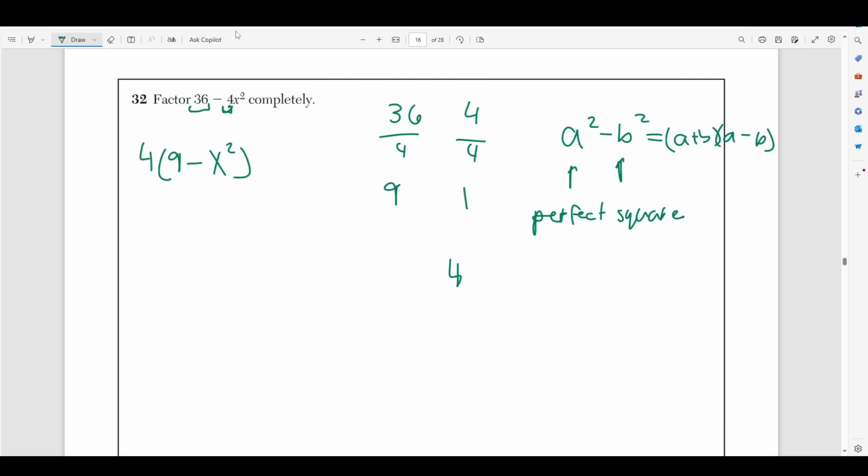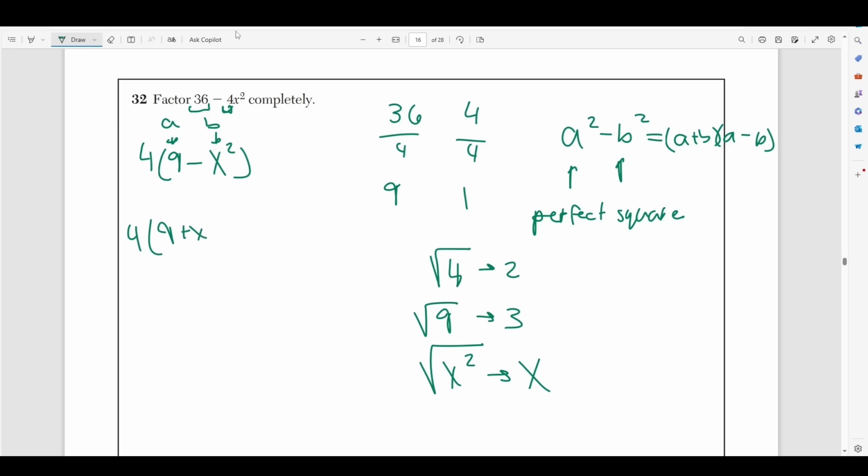For example, 4 is a perfect square because the square root of 4 is just 2. 9 is a perfect square because the square root of 9 is 3, right? And x squared is a perfect square because if you take the square root of x squared, you just get x, right? So because my a and my b are both perfect squares, I can just rewrite it in terms of 9 plus x times 9 minus x. And this is going to be my fully factored out answer.